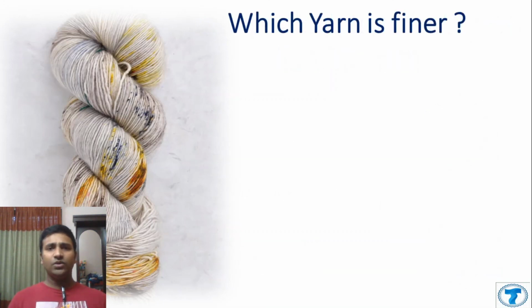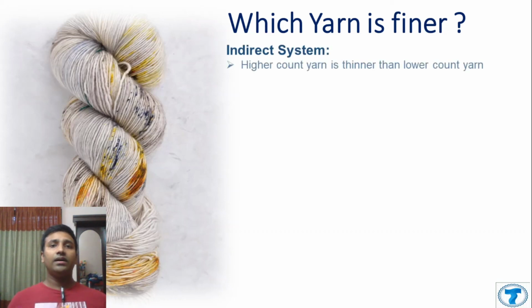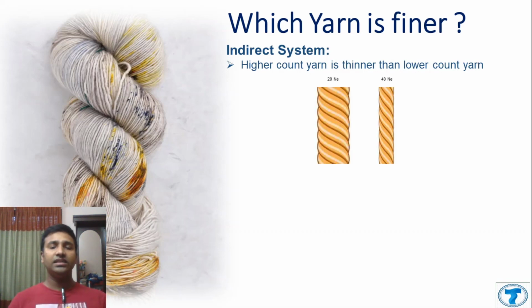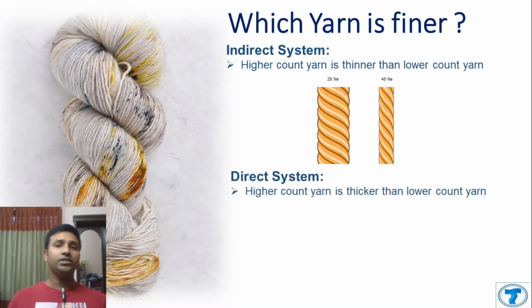There is a question always asked: which yarn is finer? In the indirect system, the higher count yarn is thinner than the lower count yarn. If you see the graphical image, you can see the 20 count yarn is thicker than the 40 count yarn. That means the 40 count yarn is finer than the 20 count yarn. In the direct system, it is the opposite of the indirect system.